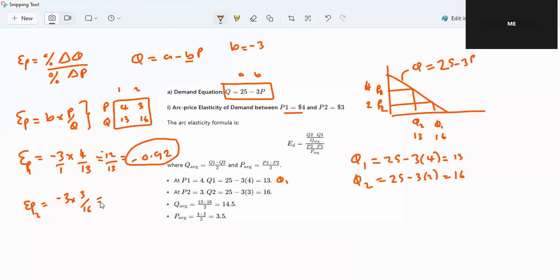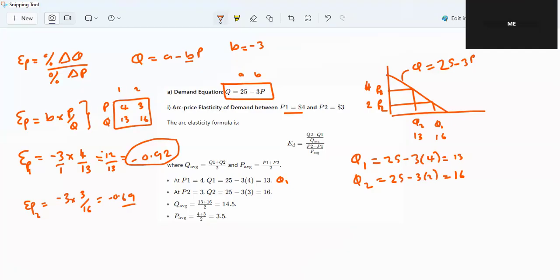What do we get? 9 divided by 16 is -0.69. So here, demand is still inelastic. If we got 1.69, we would say it is elastic. All right? So this is what we call point elasticity of demand.